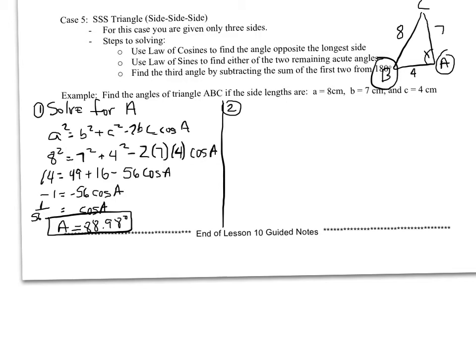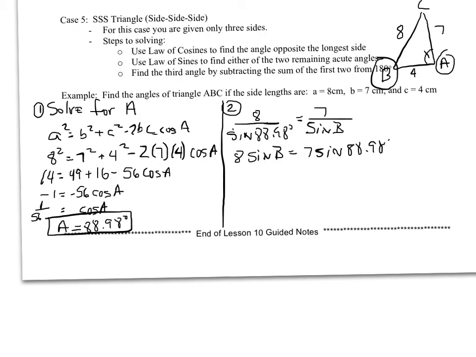So I'll have 8 over the sine of 88.98, because 8 is side A and 88.98 is angle A, equals 7, which is side length B, over the sine of angle B. When I solve for that, I get 8 times the sine of angle B equals 7 times the sine of 88.98 degrees.